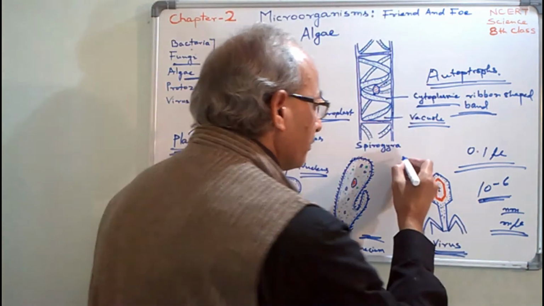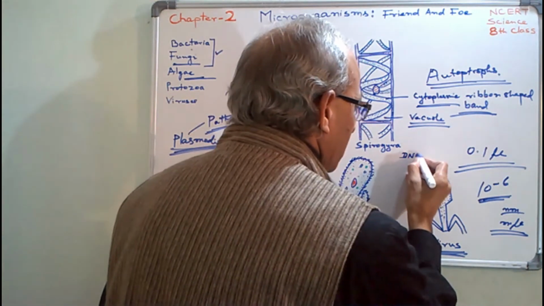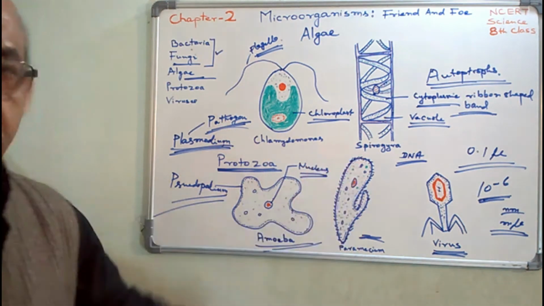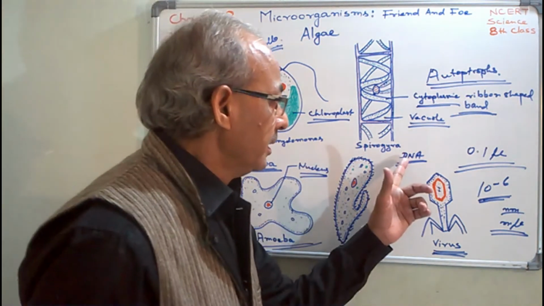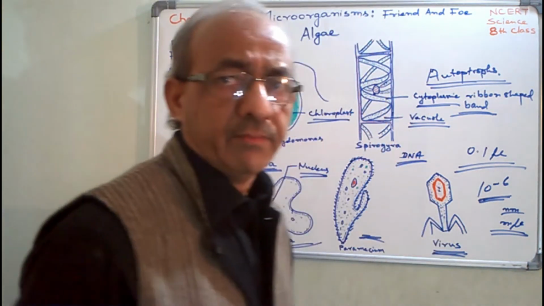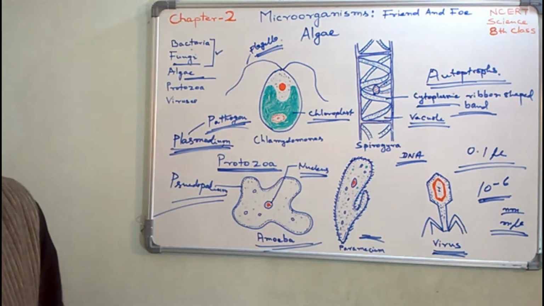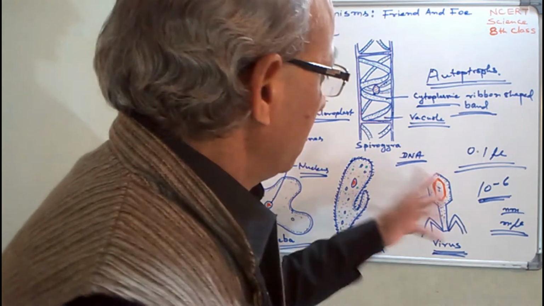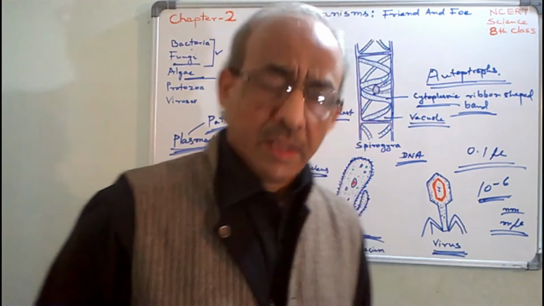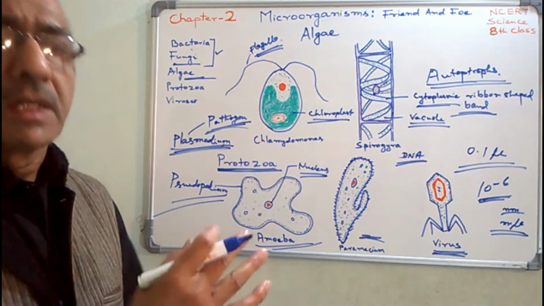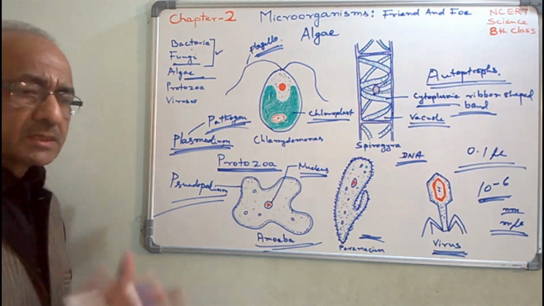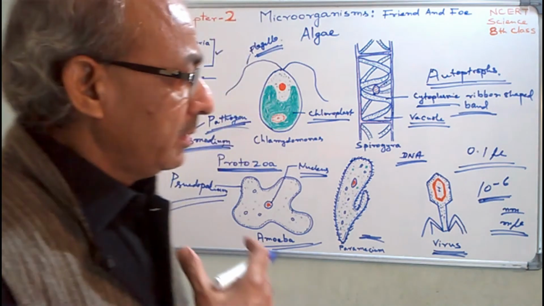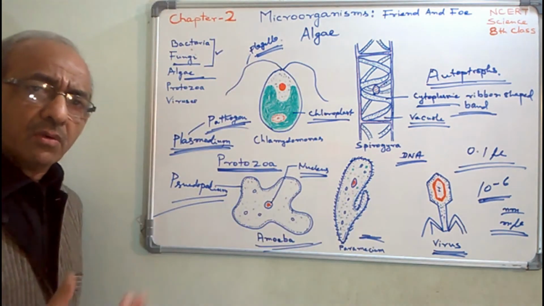DNA means, in the last session I explained DNA. I told you the full form. Again I am repeating: deoxyribonucleic acid. It is hereditary material, and with the help of DNA, the viruses replicate, increase their number in the cells of the host, and a number of diseases they cause.